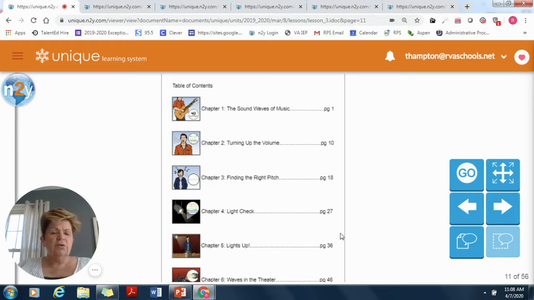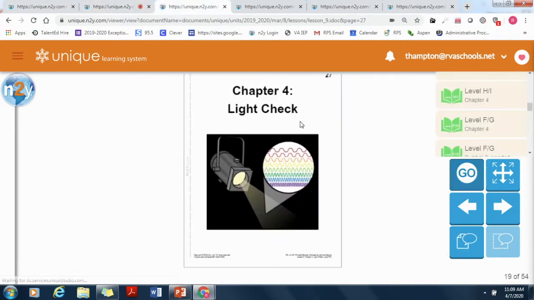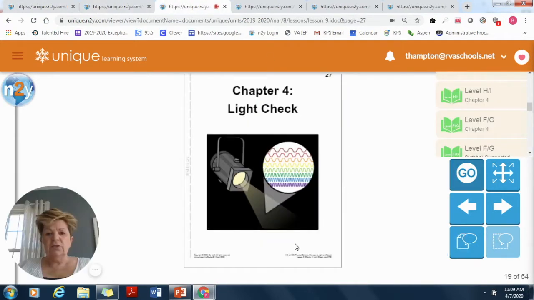What page are we going to go to for Chapter 4 today? Yes, we're going to go to page 27 because Chapter 3 was on what page? Take a look. You can ask a family member to help. Yes, it was page 18. All right, so let's go to page 27 in our book, and let's go ahead and begin our story.